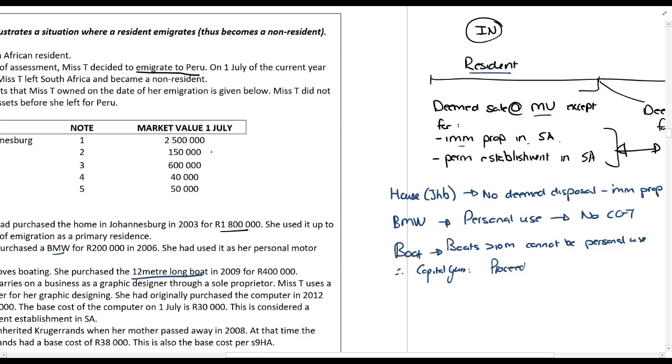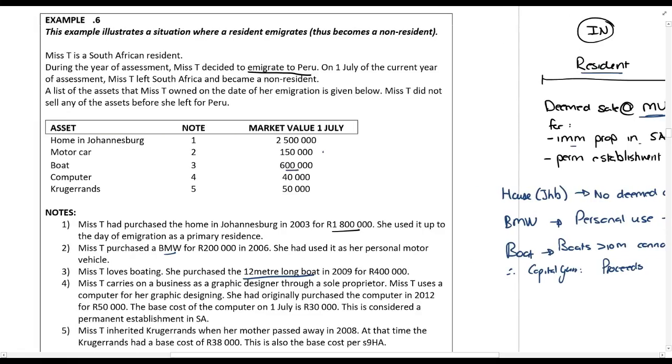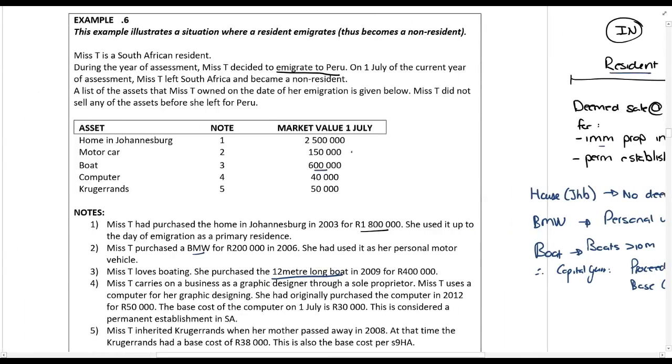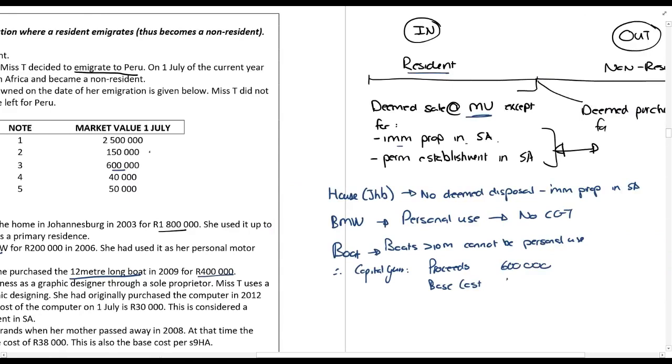Proceeds is the market value. The proceeds for the boat is 600,000 rands. And our base cost is 400,000 rands, how much it was purchased for. Right, so there is a 200,000 rands capital gain.